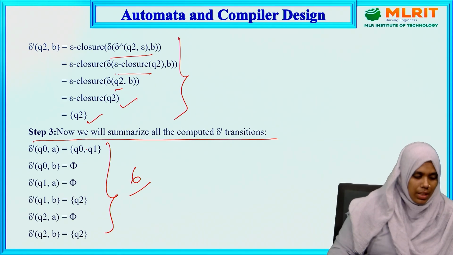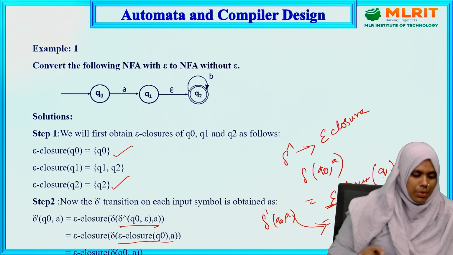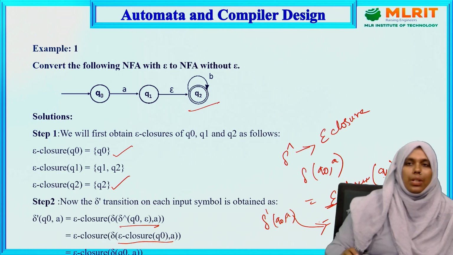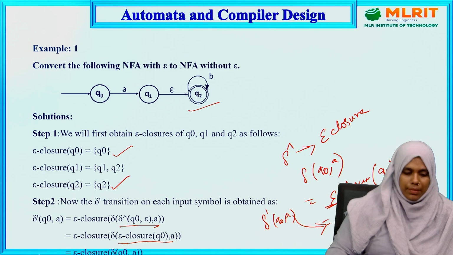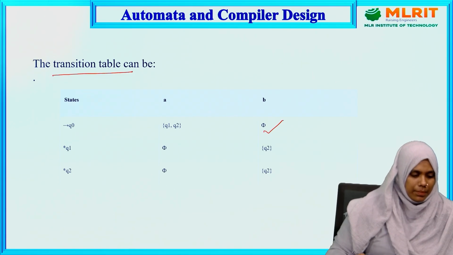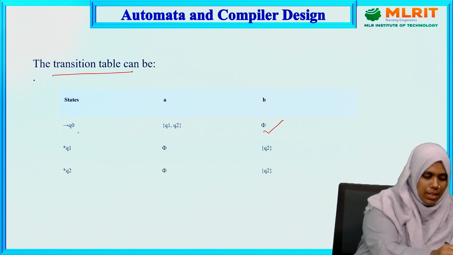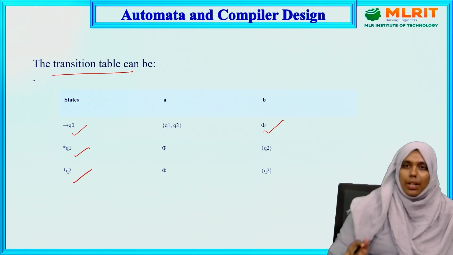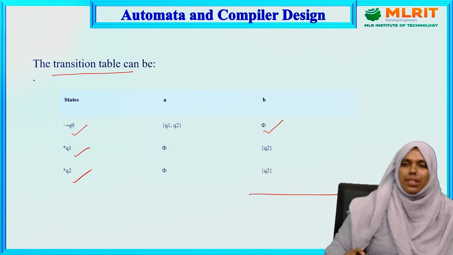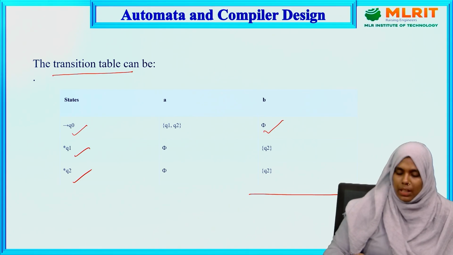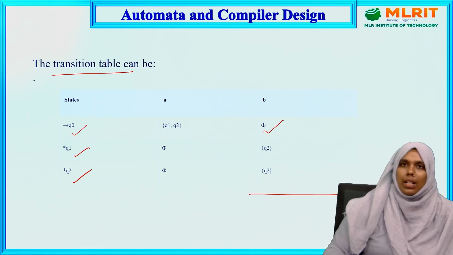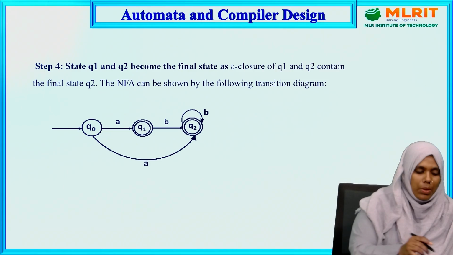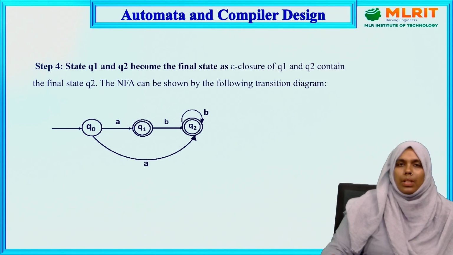And if you can see in the above diagram, wherever you find Q2, that will be the final state. So here we got Q0, Q1 as well as Q2. Now, by seeing this transition table, the last step is that we have to go for a transition diagram. So this is the transition diagram for the above table.